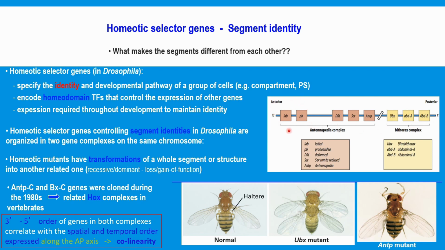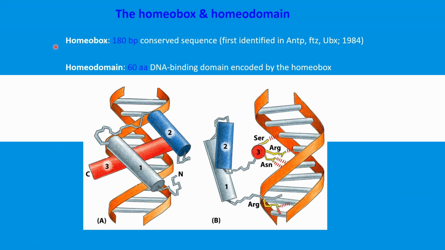So labial will be expressed more anteriorly and before, and all these other genes will be expressed after it in sequence and in location in the animal, with finally abdominal B being expressed most posteriorly and last. So the homeobox is this stretch of DNA, 180 base pairs long, of conserved sequence that was identified in Antennapedia in 1984.